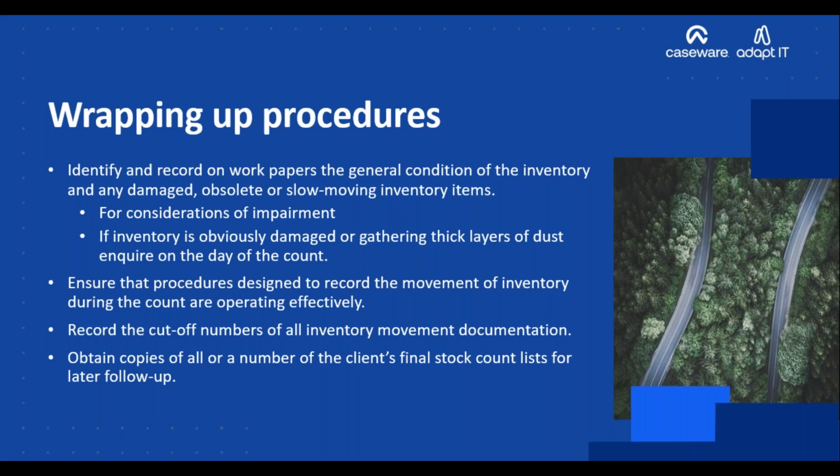And they're perfectly lined up and they look great. But everyone gets stuck on the side of the river because you didn't build the bridge. So that's exactly what's happening here. If you do not agree the final count listing to the value we audit in the financial statements, you didn't build the bridge. Everybody is stuck on the side of the river.